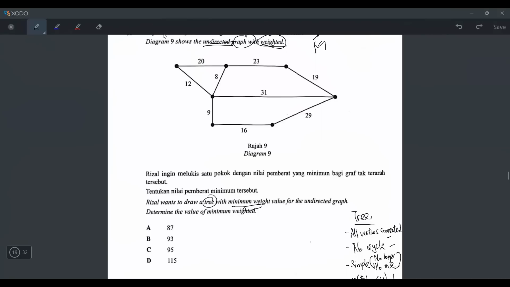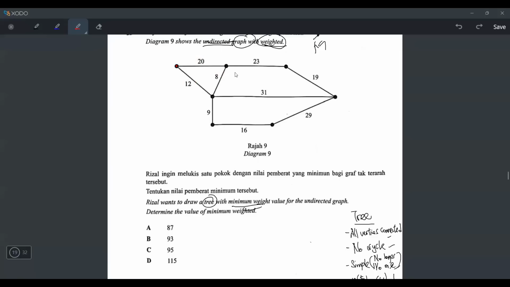weight. Let's use red color. We have 1, 2, 3, 4, 5, 6, 7 vertices, but we have to make sure all vertices are connected so that we can call it a tree. Maybe I will start here, and this weight is 20. But if you look here, 12 plus 8 is also 20.